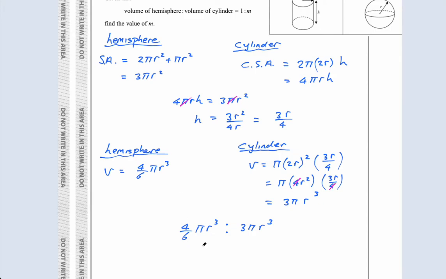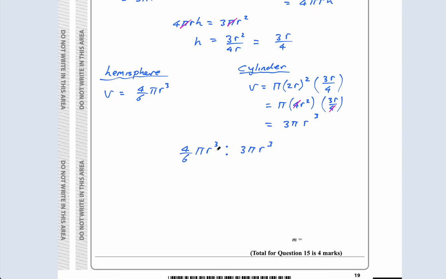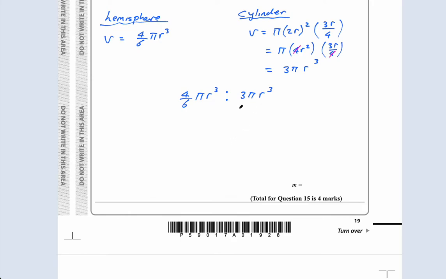So basically, I need to change the ratio into 1 to something. So look, ratios work a bit like fractions. So I can divide both sides by r cubed, and I can divide both sides by pi. So the ratio is now 4/6 to 3.